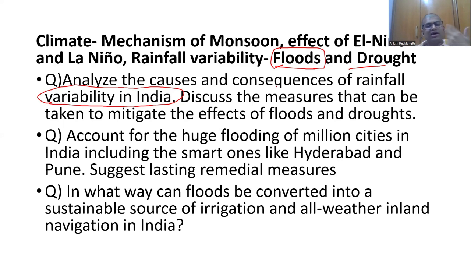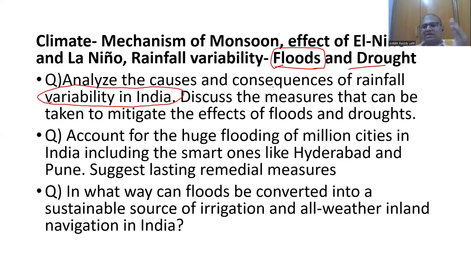So floods mean what? We're having excess water. This excess water can be regulated, can be stored, and can be used in the dry period. The excess flood water can also be used for all-weather inland navigation. Of course it's not possible in southern India, the Peninsular Plateau, but it is very much possible in North India since they are plains.